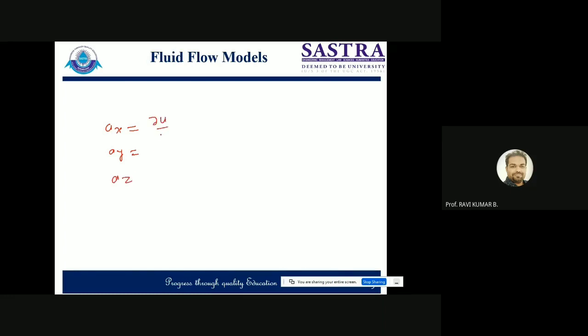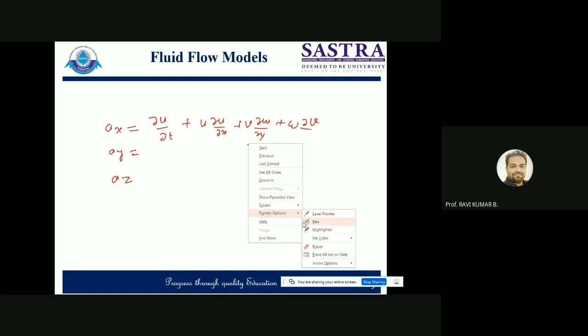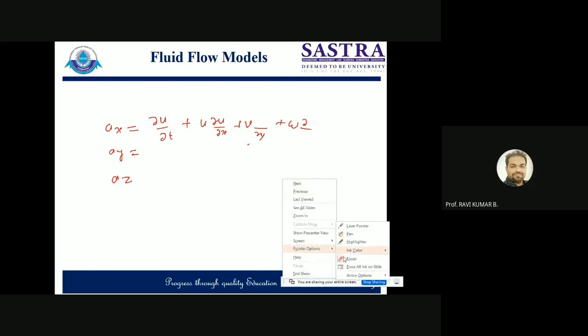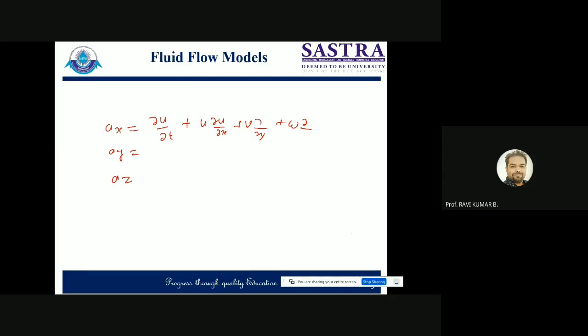Those were in terms of global coordinates. ax equals dou u by dou t, plus u dou u by dou x, plus v dou u by dou y, plus w dou u by dou z. Same expression you can write for the v component also.